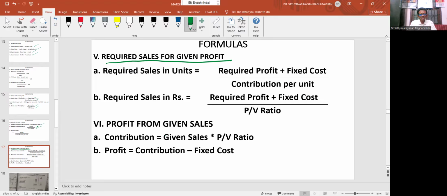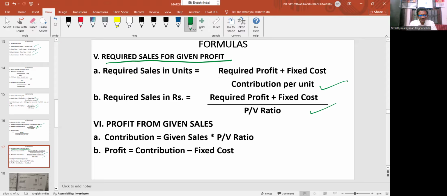If you want to calculate the required sales in units, then the formula is required profit plus fixed cost divided by contribution per unit. If you want to calculate the required sales in rupees, then the formula is required profit plus fixed cost divided by PV ratio.